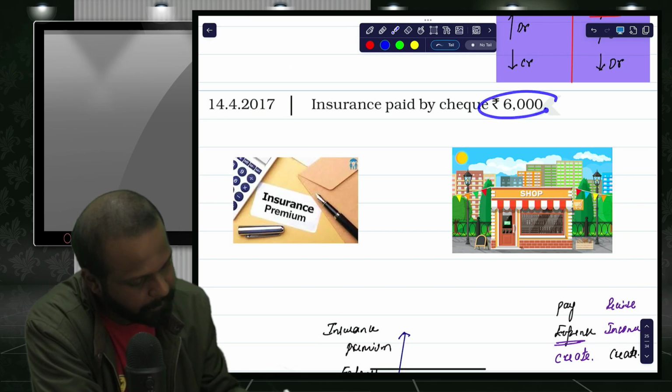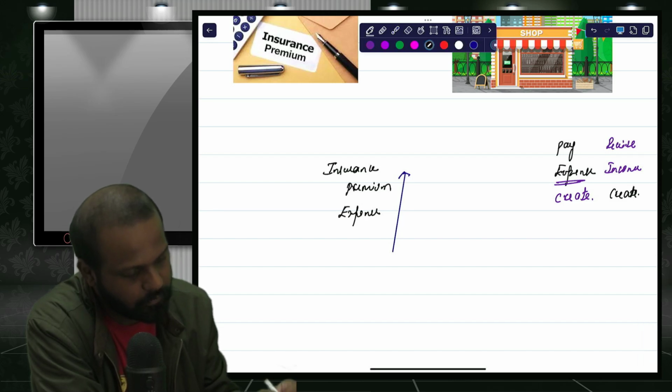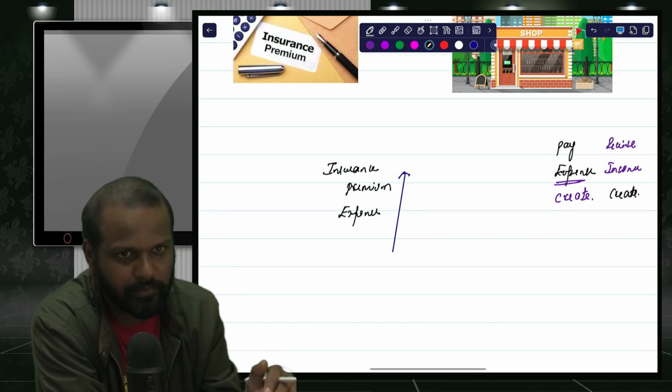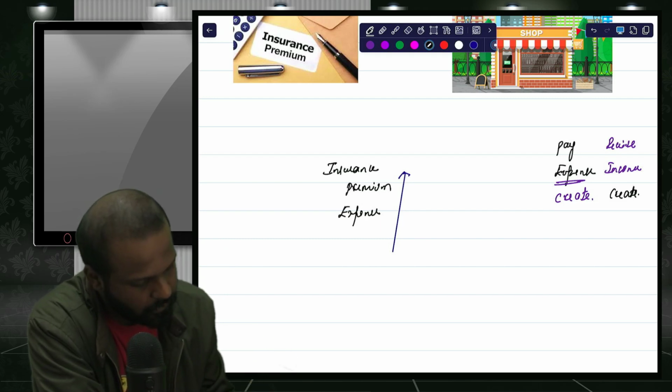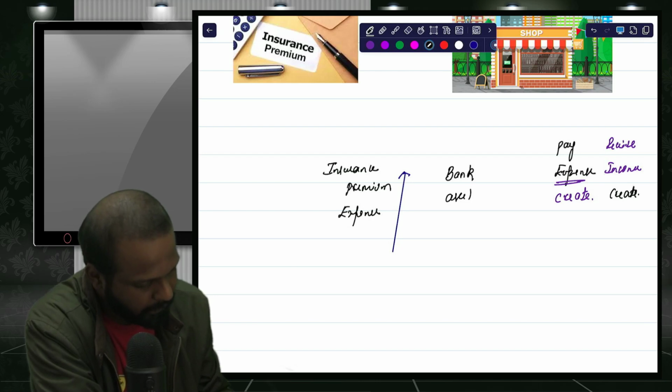Now you know that you have paid the money by check. If you make the payment through check, your bank balance will reduce. We know that bank balance is an asset, and an asset decreases.